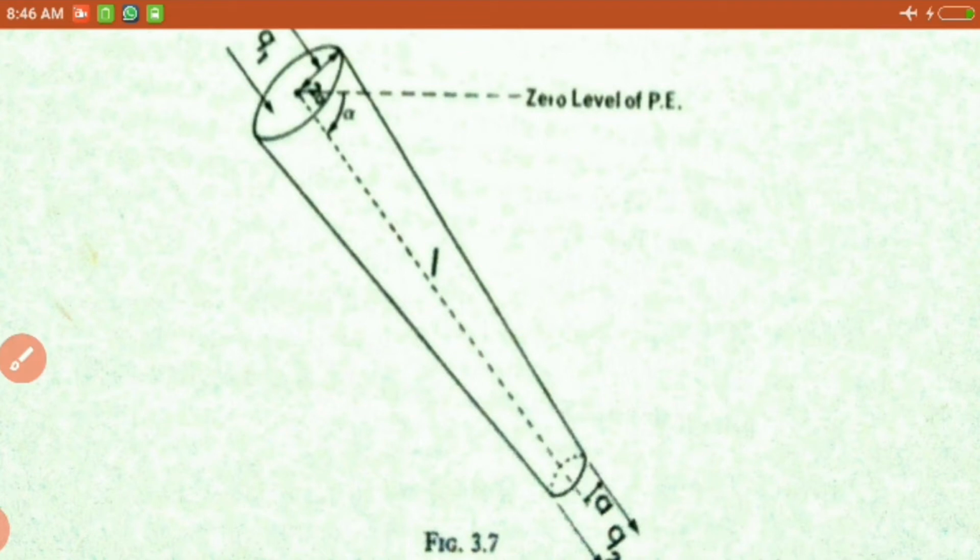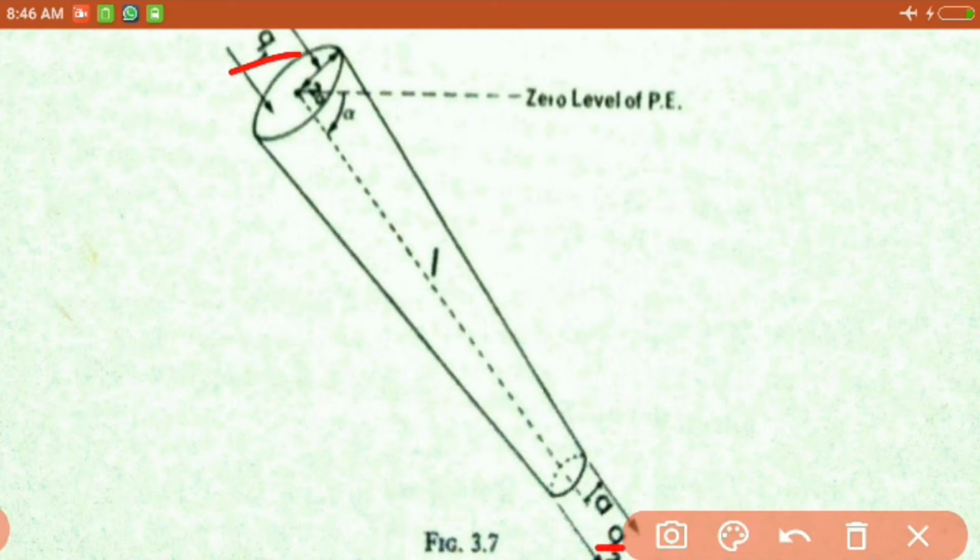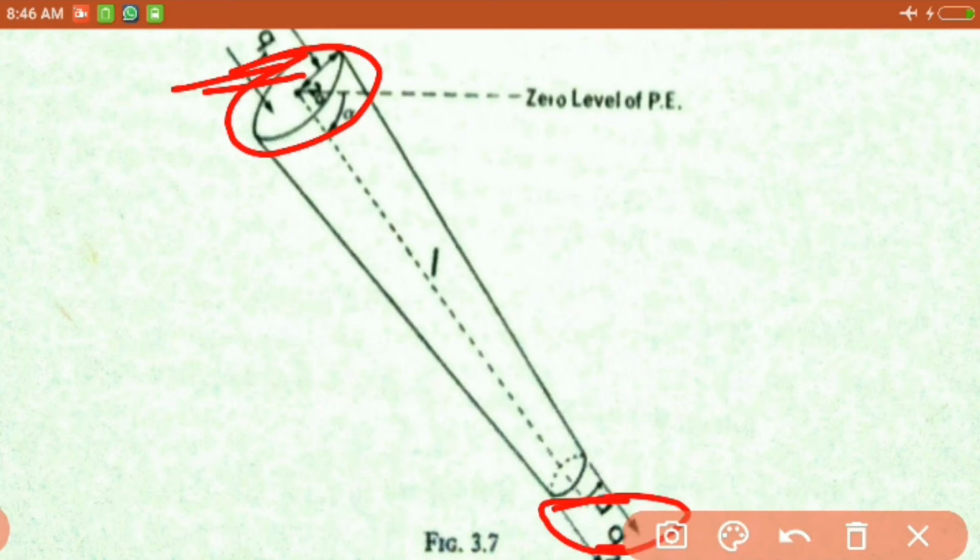Now we will find the solution, the velocity of delivery. Let Q1 and Q2 be the entry and exit velocities. Q1 is the entry velocity at the upper end and Q2 is the exit velocity at the lower end of the pipe.